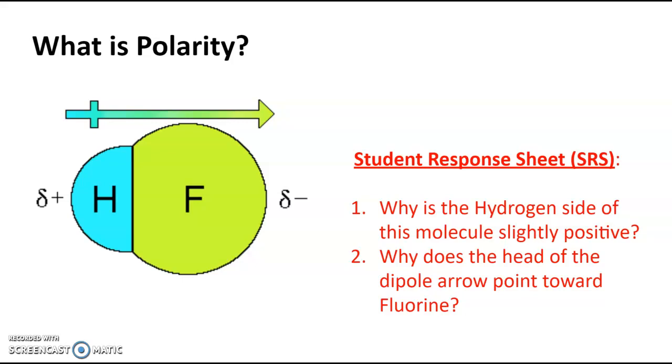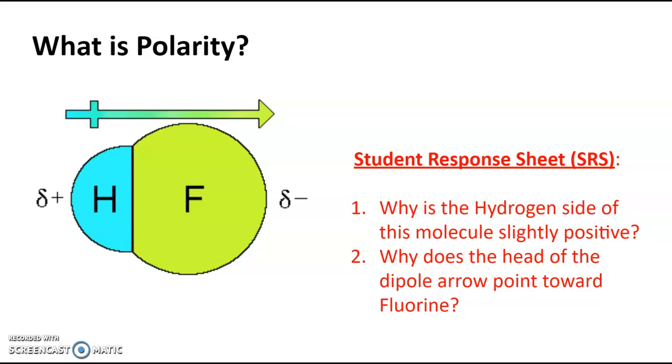So basically what's happening is that because the nucleus of fluorine is stronger because it has 9 positive protons, it's stronger than the nucleus of hydrogen, which only has 1 positive proton. The fluorine is better at attracting the electrons.